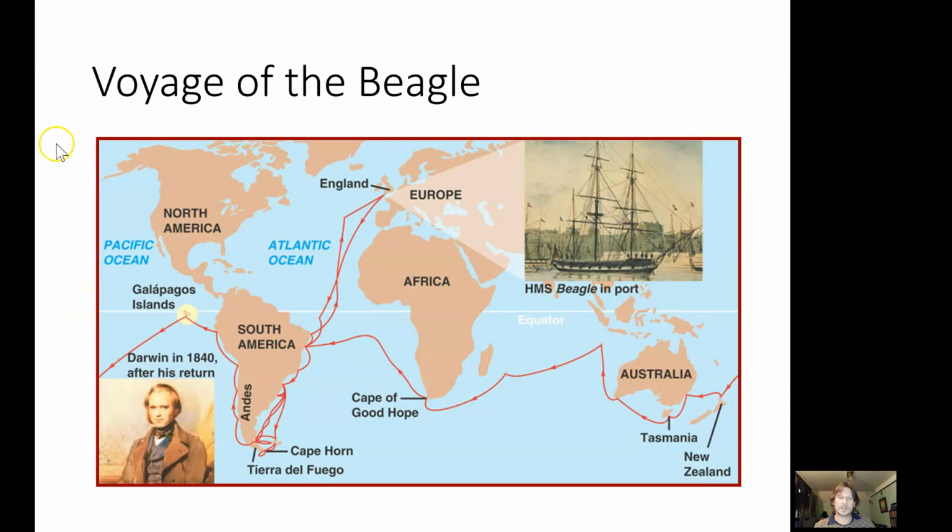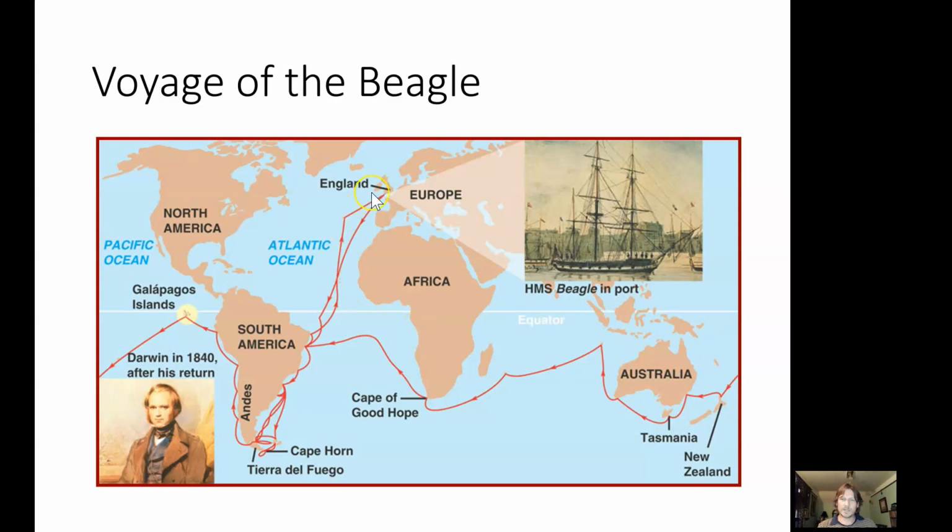And so if we look at Darwin, following through his life, he goes to school. He studies natural history. Initially, he wanted to do medicine. He couldn't stomach medicine. Literally, if you think about surgery before anesthesia or even concepts of sterilization, it was very bloody. And so he switched to natural history.